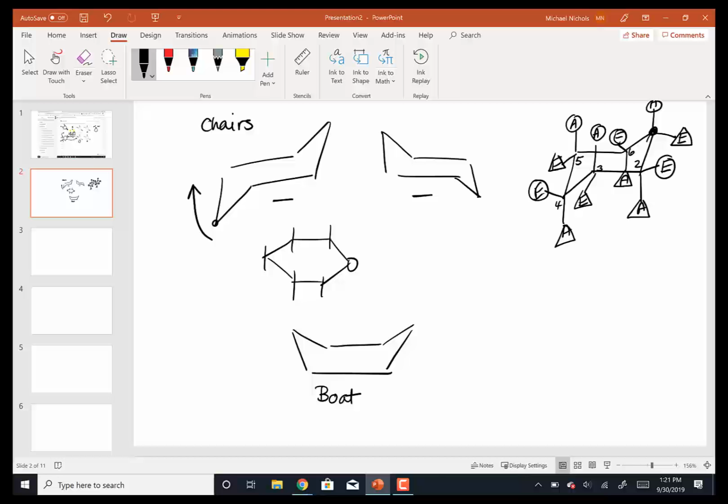Now, the boat is not a particularly stable conformation simply because these 2 positions are called flagpole hydrogens, and in the boat, any group that's attached to those 2 positions are going to be sterically right on top of each other. And what steric means is all of these atoms are nothing but clouds of electron density.